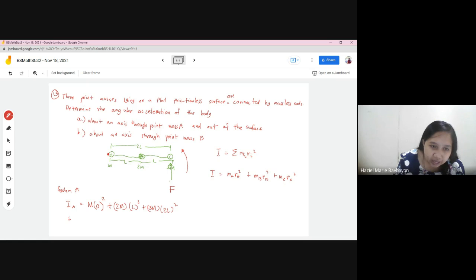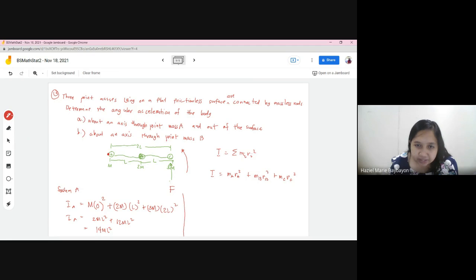Therefore, your I sub A is equal to 0 plus 2ML squared, plus 4L squared times 3M, so this is 12ML squared. So the moment of inertia for system A is equal to 14ML squared.